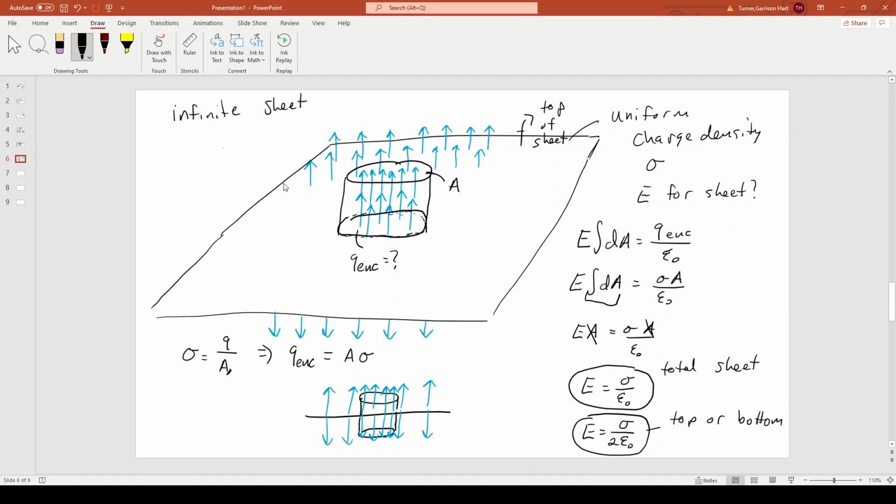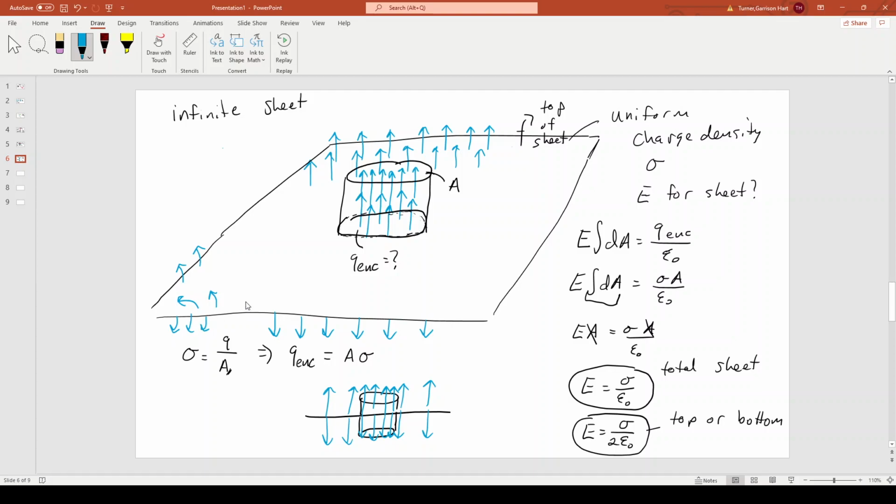And the reason that you need an infinite sheet, or at least can approximate your situation as an infinite sheet, is if this is not an infinite sheet, then at the edges, your field lines start to do funky things and they start to bend and bow out. And the bottom electric field lines would do too.